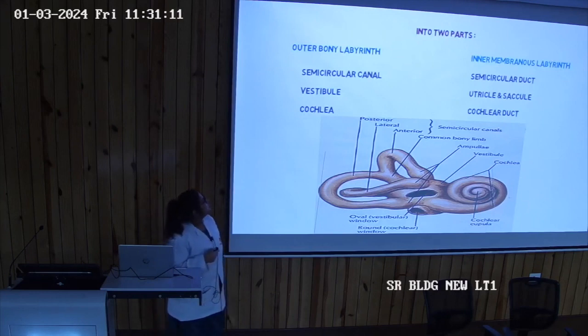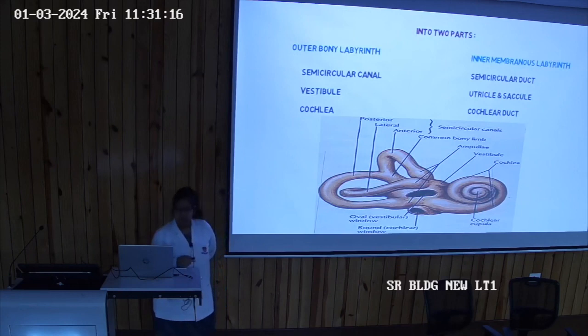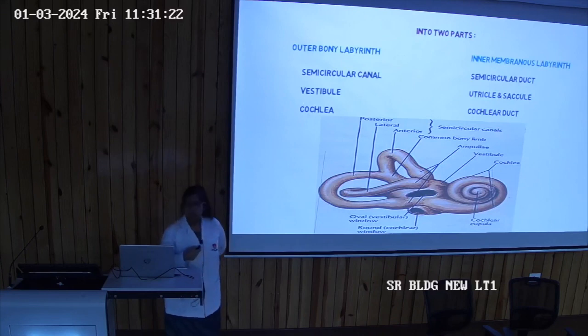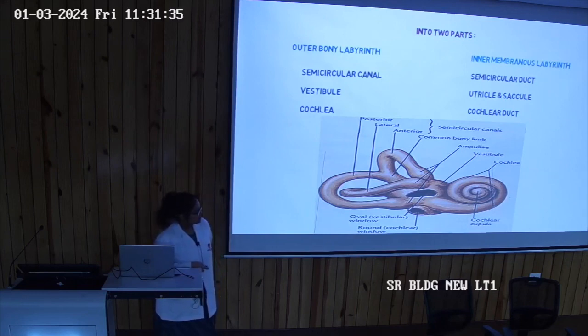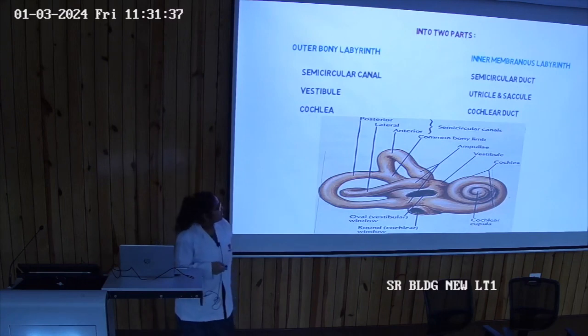The bony labyrinth comprises 3 semicircular canals, which are the anterior, also known as the superior, the posterior, and the lateral. The vestibule opens laterally into the middle ear, and medially it opens into the internal acoustic meatus. And the cochlea, which is a snail shell-like organ present in the internal ear, has 2 and 3/4 turns.